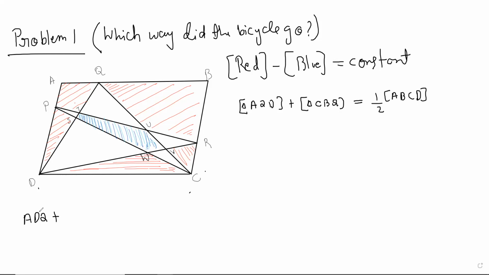It's like we're completing the picture. If we take ADQ and then we take CBQ, we have just completed the thing. We want to show that this, plus we shouldn't forget this thing, minus this, is a constant.